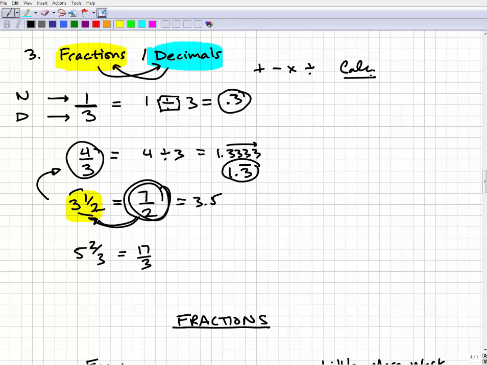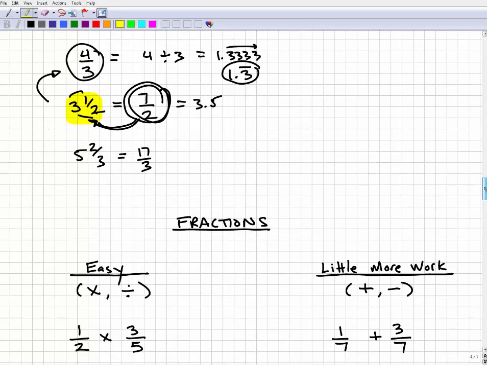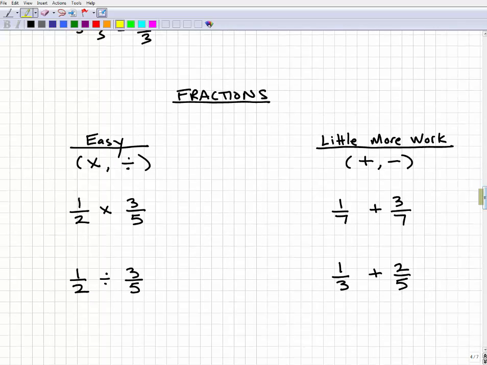However, fractions, different story. You're going to need to know fractions if you want to even move beyond basic math into algebra. So I'm going to do a quick review of some fraction operations. Again, when we're talking about fraction operations, we're talking about how to add, subtract, multiply, and divide. These are the number operations with the different types of numbers that we're looking at.